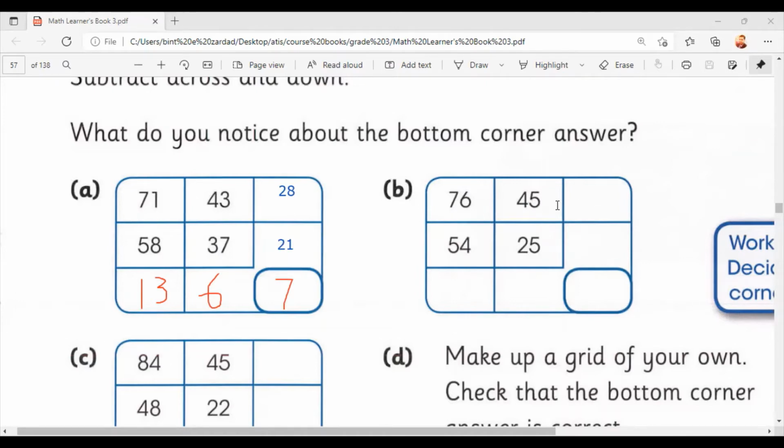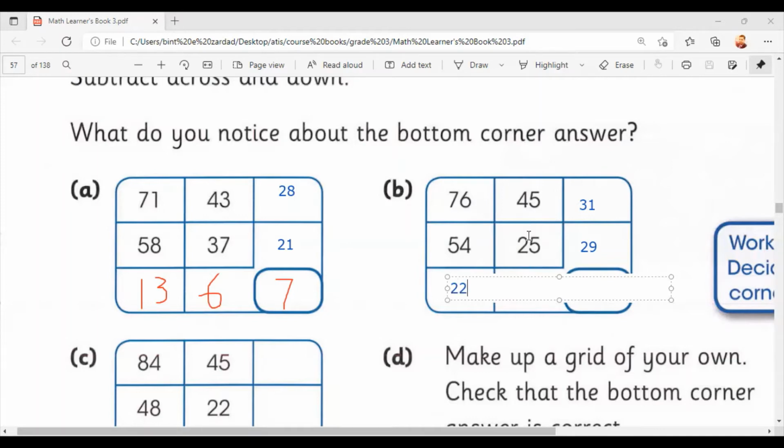So 76 minus 45 is 31. Like this, 54 minus 25 equals 29. And 76 minus 54: 6 minus 4 is 2, then 7 minus 5 is 2, so 22.